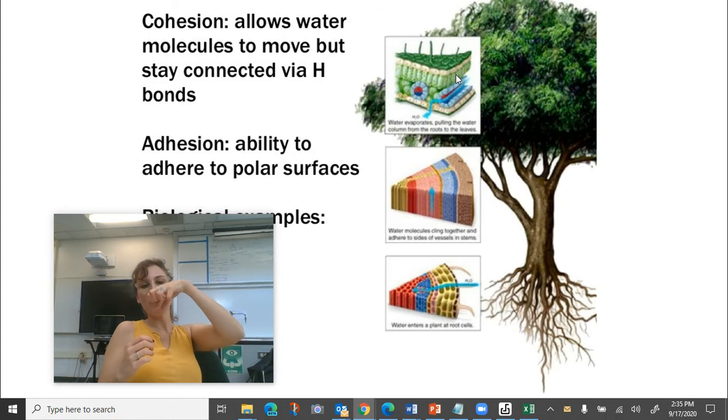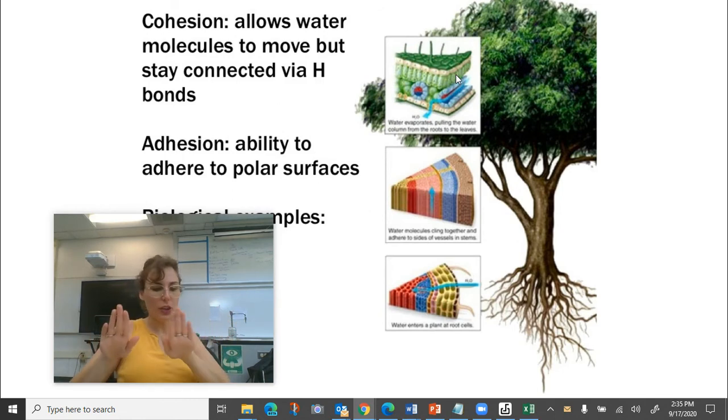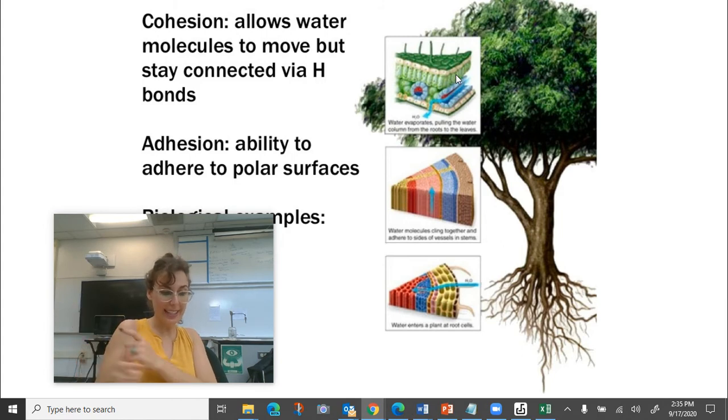So they're going up the tree partly because of cohesion, their clinging to each other, but they are also moving from the roots up to the top of the tree because of adhesion, which is the water molecule's ability to adhere or stick to the surfaces around it that are also slightly polar. In this case, they are adhering to the xylem.